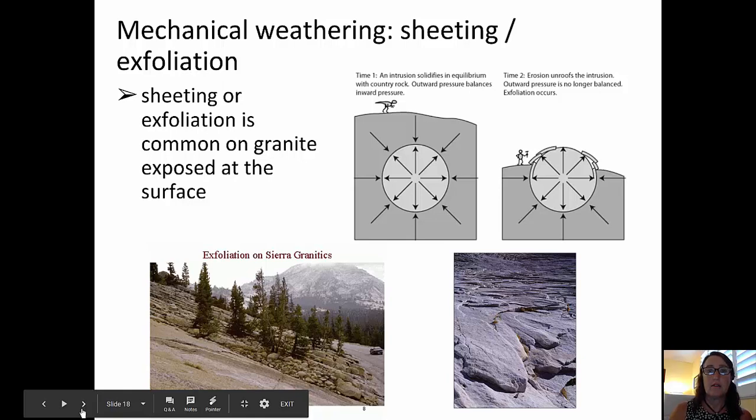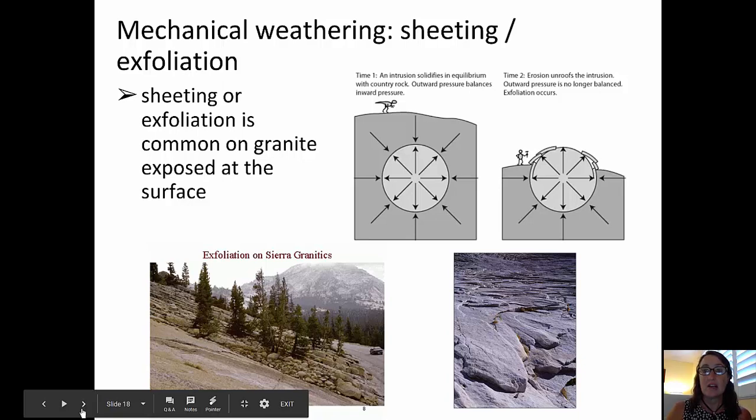Another type of mechanical weathering happens typically on granite surfaces, and it's sheeting or exfoliation. Now, sheeting or exfoliation takes place because the granite, when it's formed as an intrusion, has pressure on it that is equal from top and bottom and sides to the pressure that the granite is exerting back out. But when erosion occurs, exposing that granite at the surface, you have pressure being put on the granite just from below and from the sides, but there's no longer a balanced pressure.